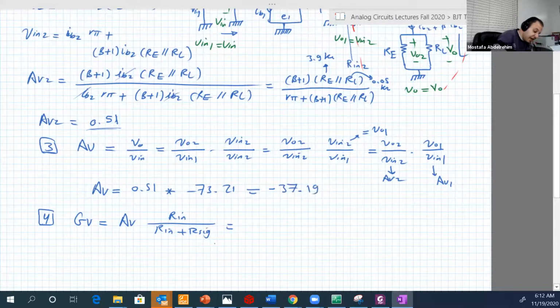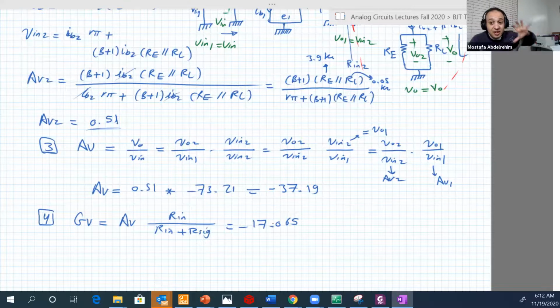Yeah. And GV is minus, this is the one that's minus 17.064. Okay? But now, what is the advantage? What did the common collector add to us in that circuit? Till this moment, it just complicates the analysis.